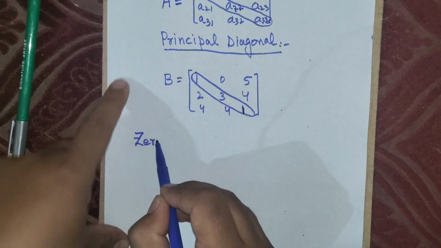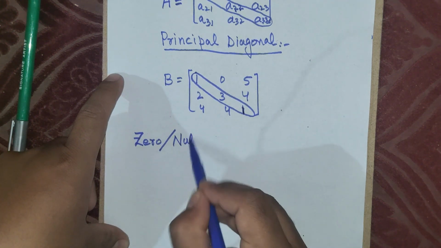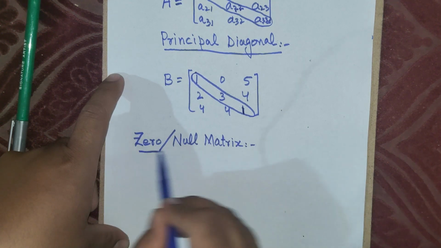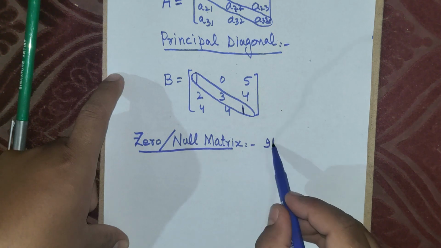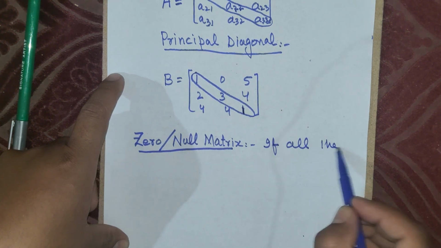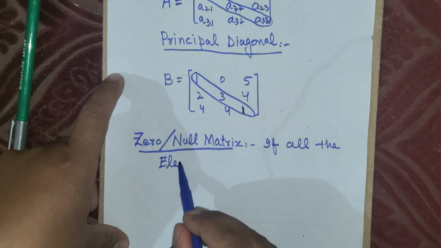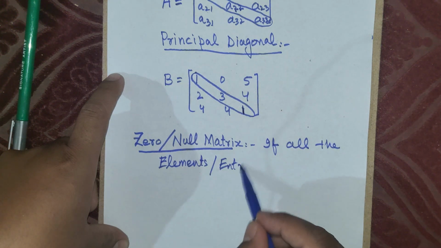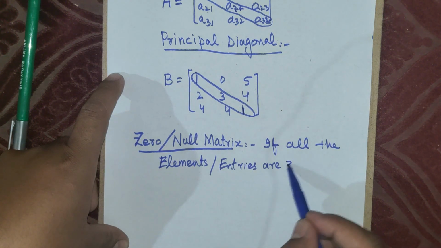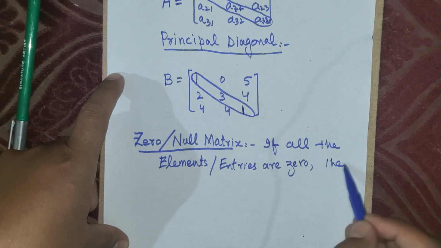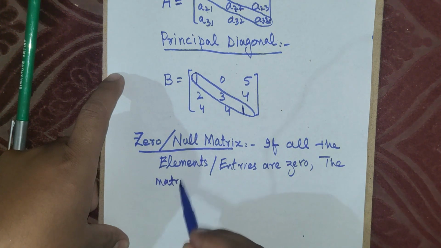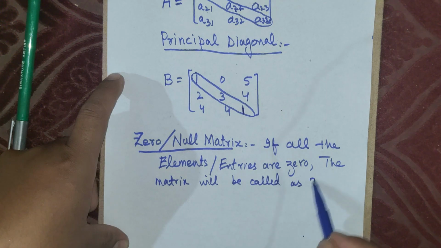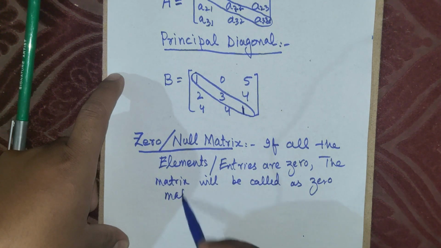The null matrix, or zero matrix: if all the entries are 0, the matrix will be called a zero matrix.